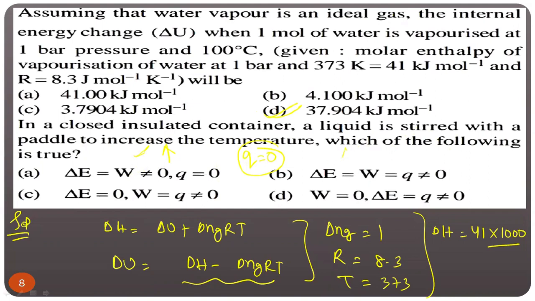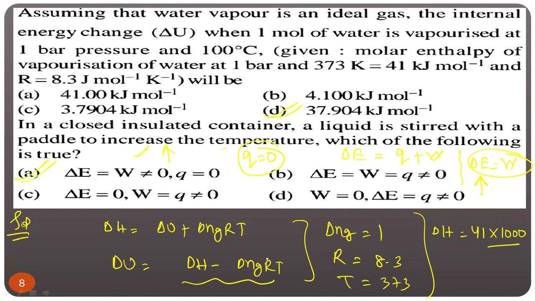Now according to the first law of thermodynamics, delta E is equal to Q plus W. If Q is equal to 0, then delta E is equal to W, and we know delta E can never be 0 because it is dependent on temperature, and here temperature increases, so delta E and W are equal but not equal to 0, and Q is equal to 0.